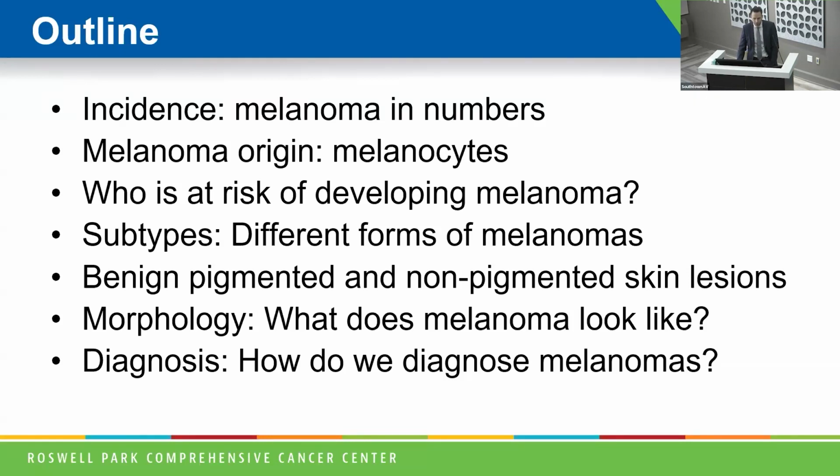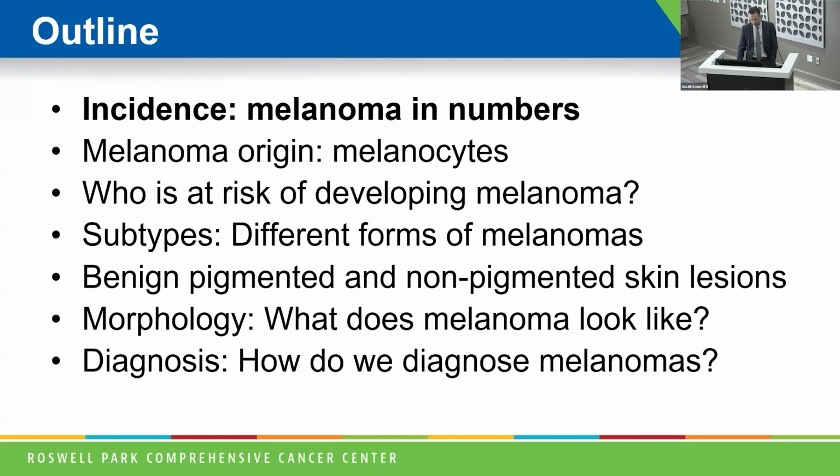Then we'll talk briefly about benign pigmented and non-pigmented skin lesions, because obviously melanoma doesn't come on perfectly normal looking skin, and therefore it's important to understand the other lesions that we need to differentiate them from. And then we'll talk about the morphological features that enable us to diagnose melanoma. And then we'll talk about how we actually diagnose melanoma out of the lesions that look suspicious.